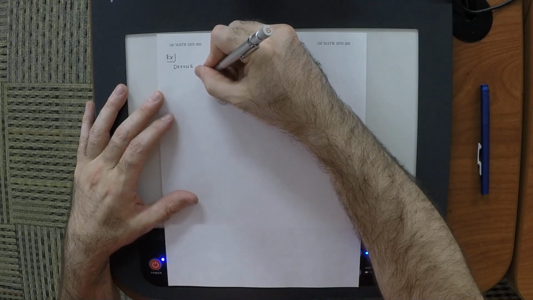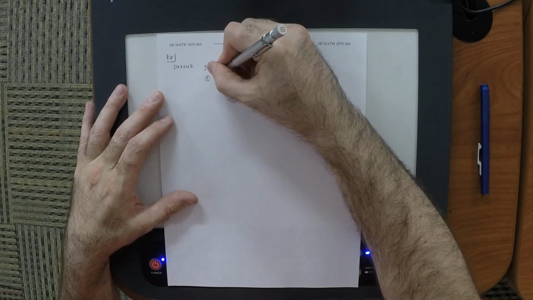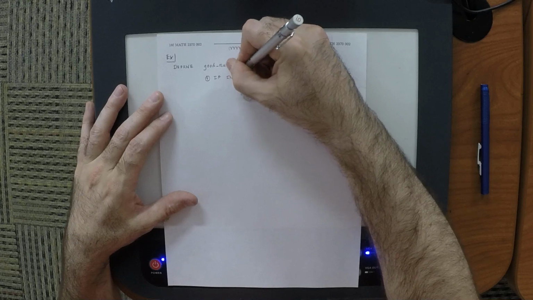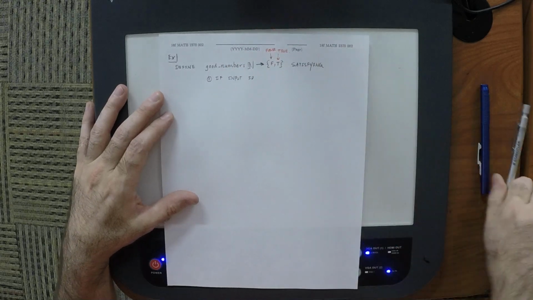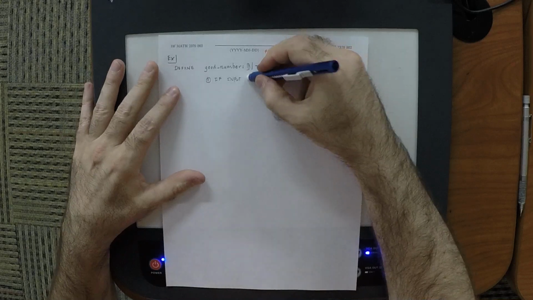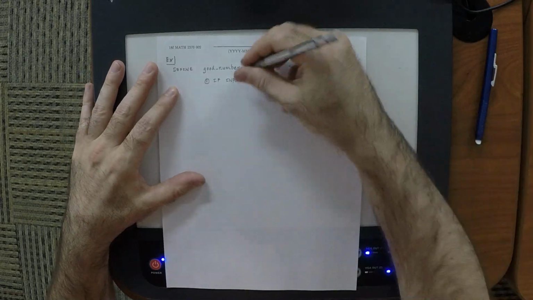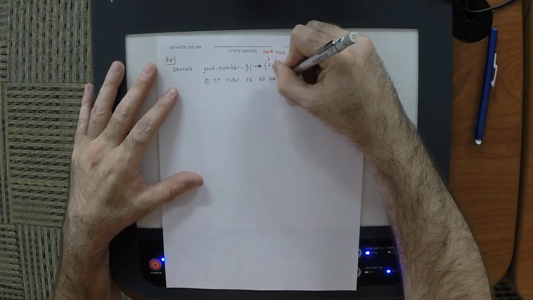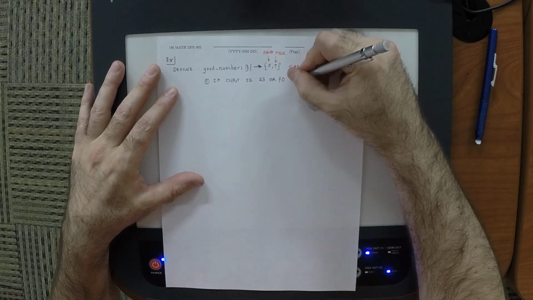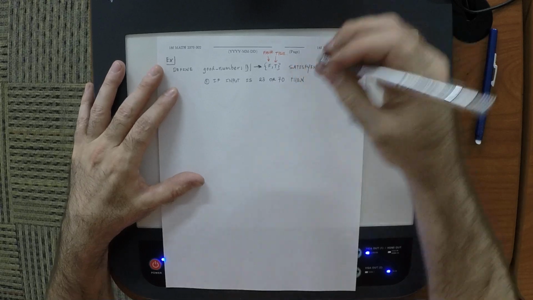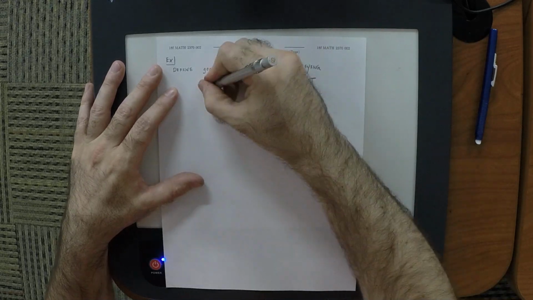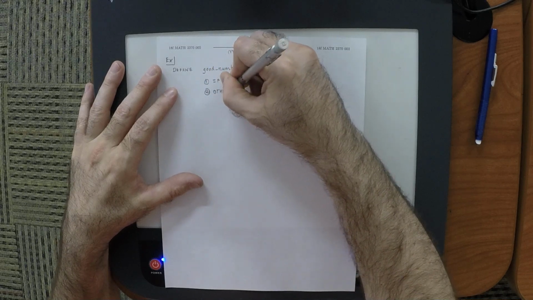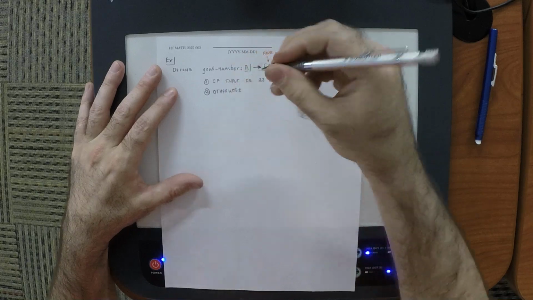First, if the input is 23 or 70, then the answer should be true, and otherwise the output should be false.